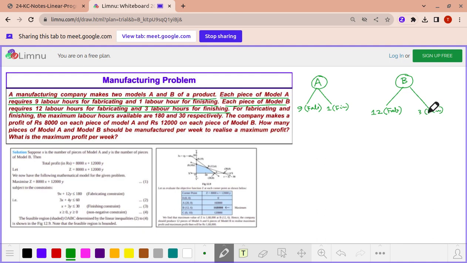Done. For fabricating and finishing, the maximum labor hours available are 180 and 30 respectively. That is a constraint. So what I can write is the labor hours for fabricating. Let me write it down.